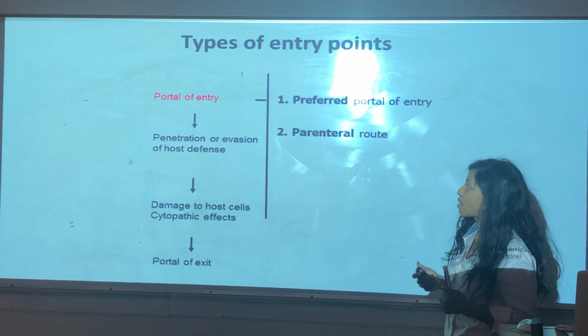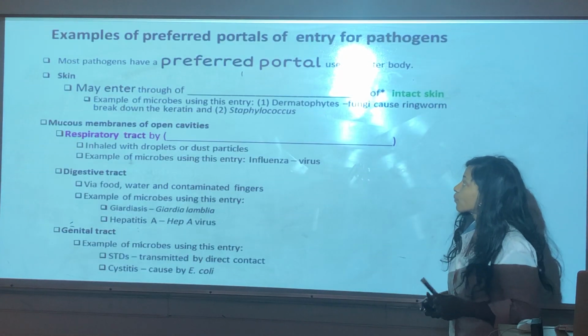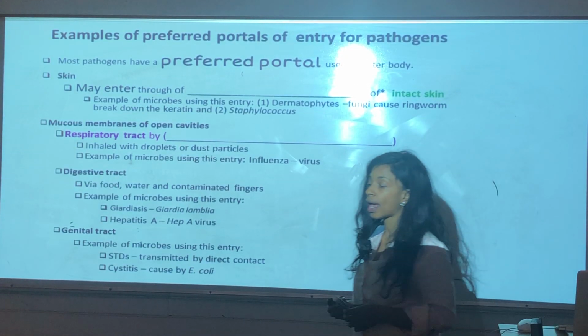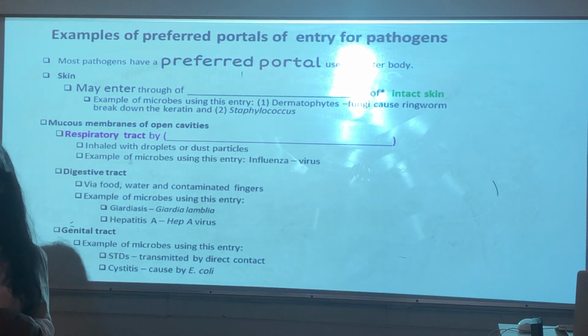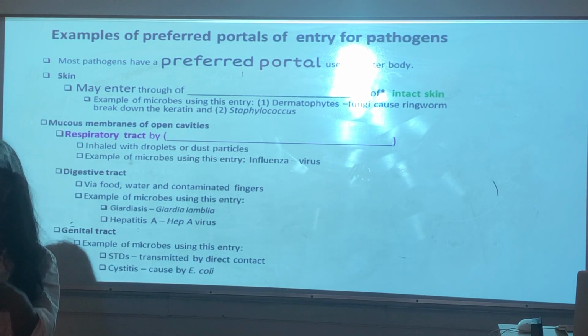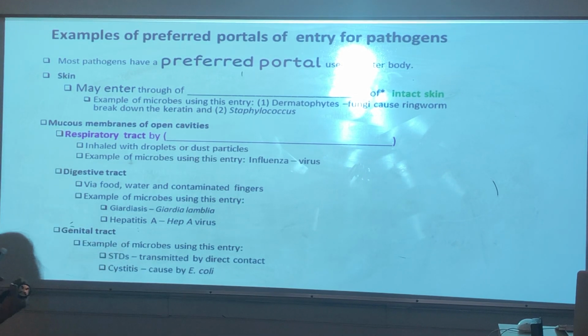What do we mean by the preferred portal of entry and the parenteral route? The preferred portal of entry is where the foreign invader naturally attaches. They have an attachment site at that point, and they're most likely to get in at that area. This is the most common way the organism will enter into their host.